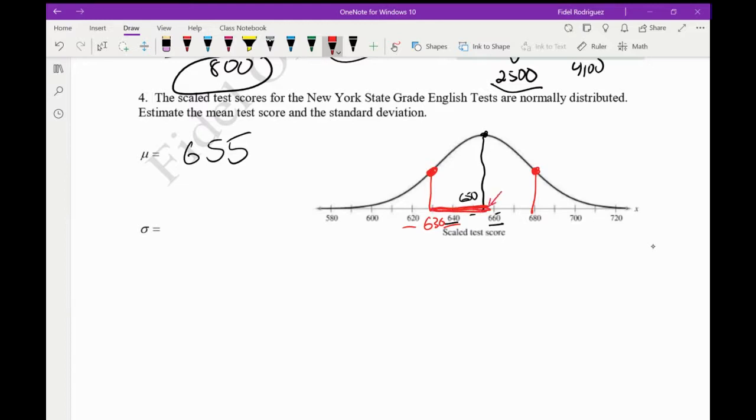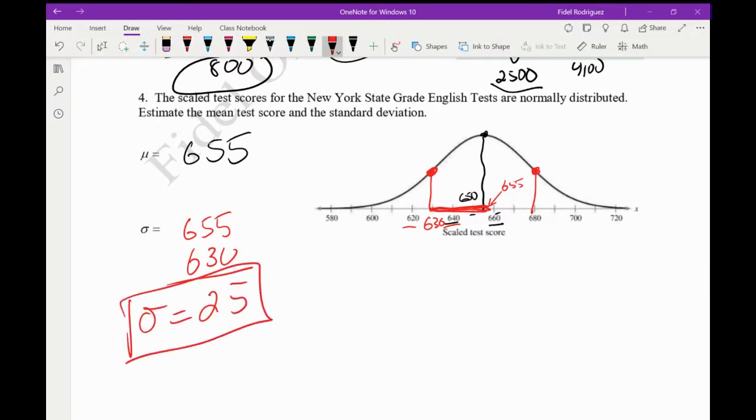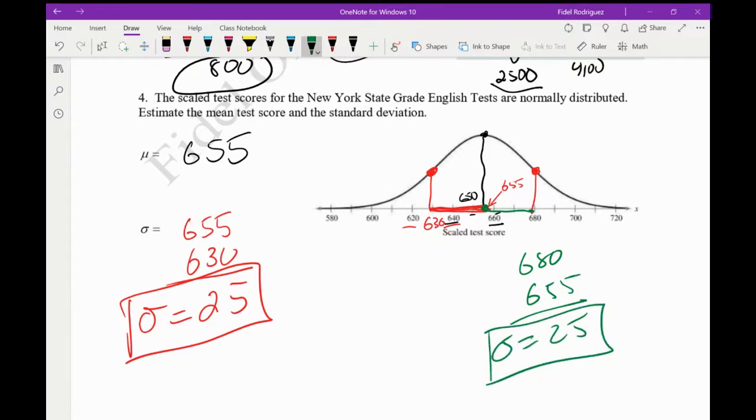So now, if this number here is 655 and this number here is 630, I'm going to take 655 minus 630, and I'm going to come up with my standard deviation being 25, right? Or I can do it vice versa. I could say, if this is 680 and that's 655, that's still going to give me 25.